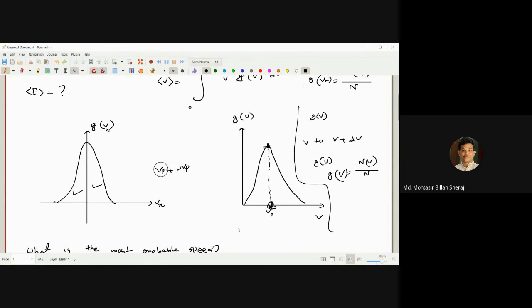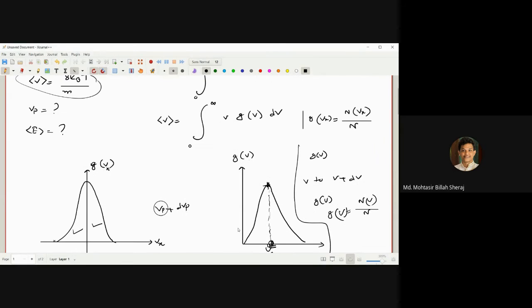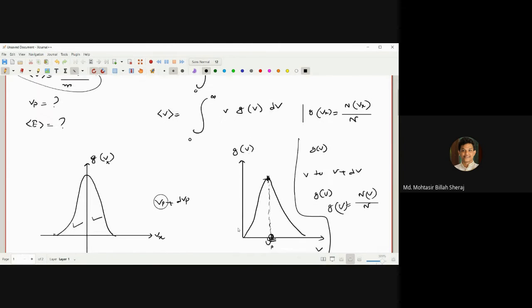So now how can we calculate the peak point? I think you have learned in the calculus course that at the maximum point the first derivative becomes 0.